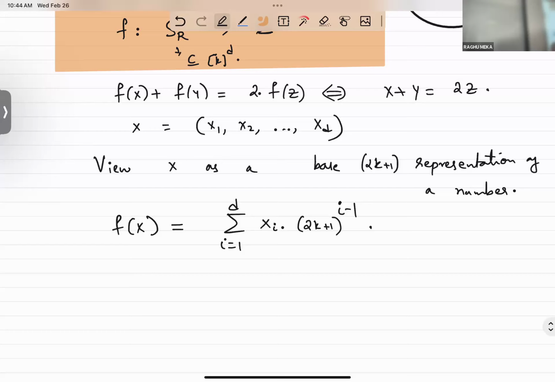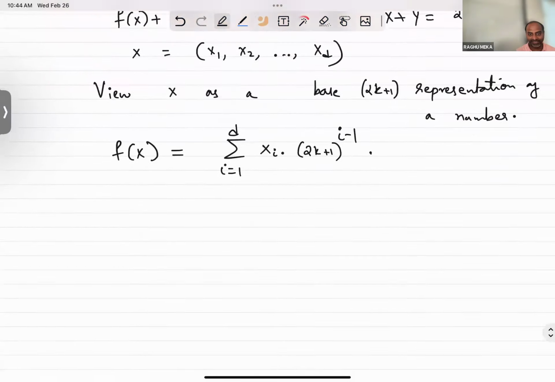If k is, for example, 1, then you're just saying I'm writing a vector whose coordinates are 0 or 1, and I'm viewing that vector as a number by writing it in ternary representation. Coincidentally, this is what the greedy construction gives you.